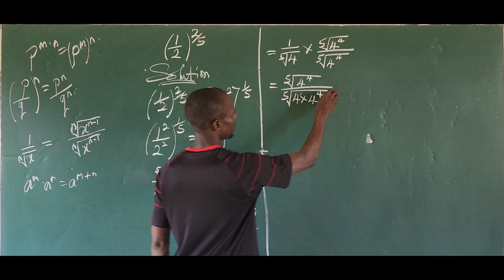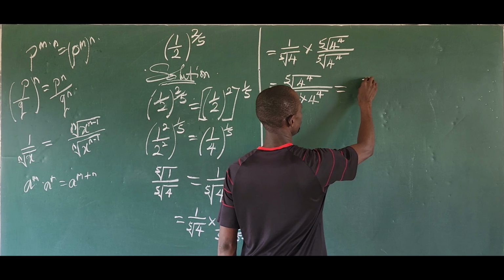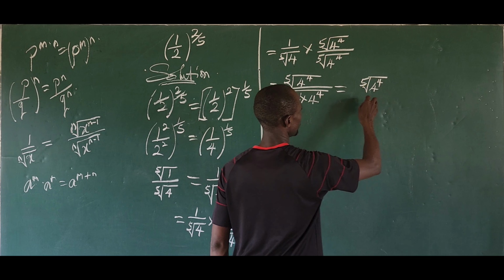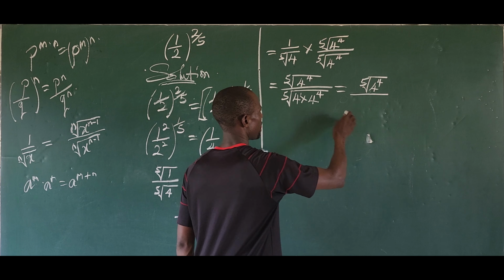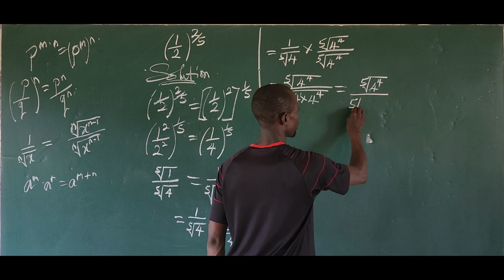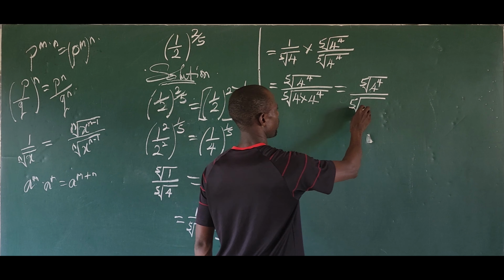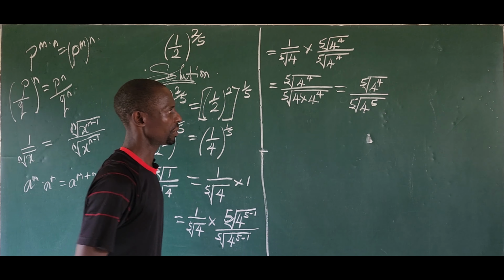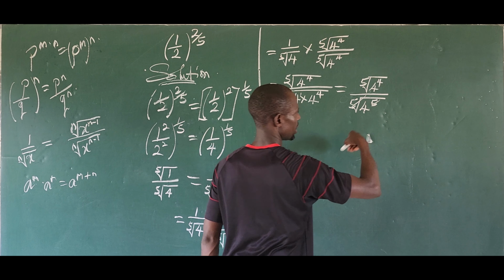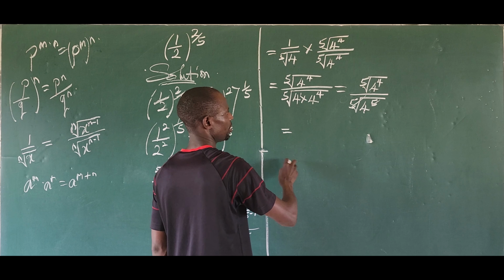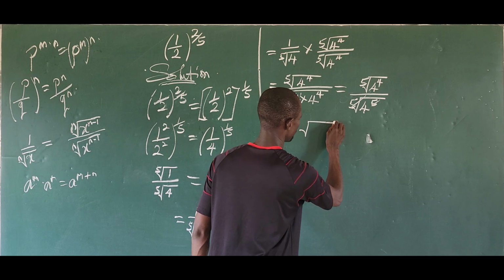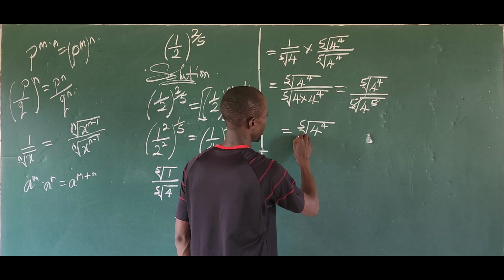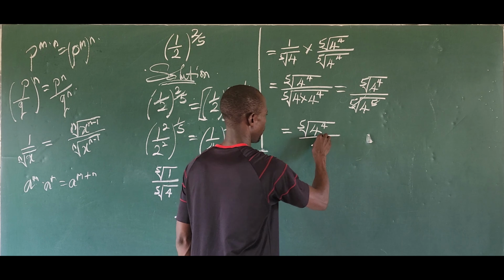If we do that, this is going to give us the fifth root of 4 to the power of 4, then all over here we have the fifth root of 4 to the power of 5. So what happened? These go with this. So we now end up with the fifth root of 4 to the power of 4, then all over 4.